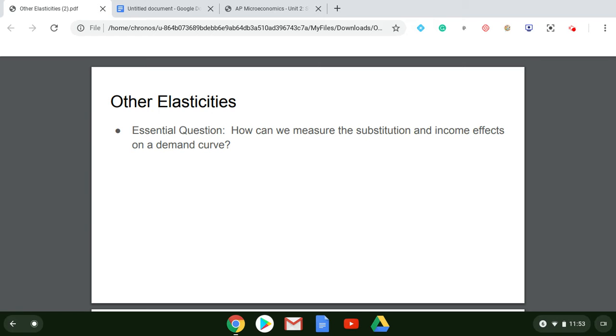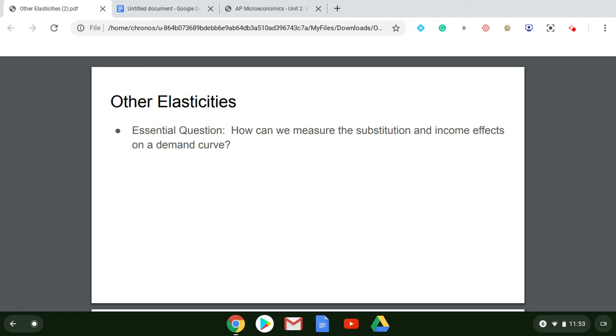Can we measure the substitution and income effects on the demand curve? The answer is this will help us do that. The demand curve is downward sloping because of substitution effects, meaning when the price changes on a good, people can choose to go consume similar goods or come back to that good and consume more of it.